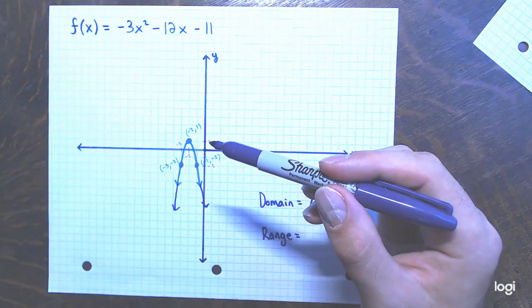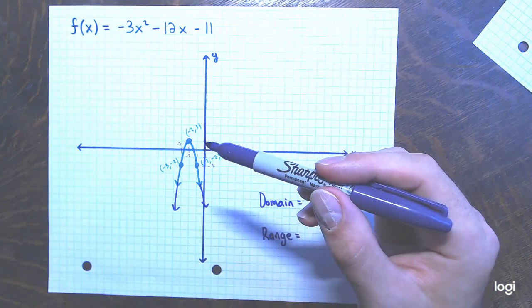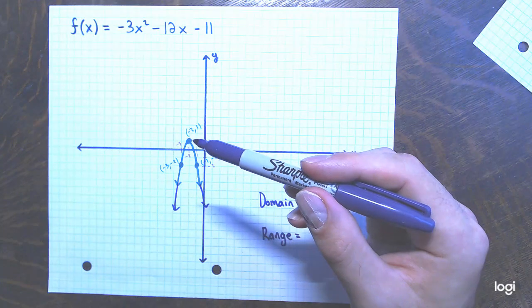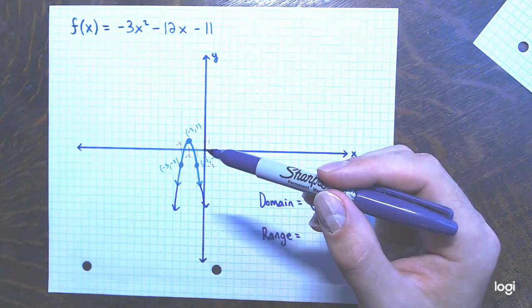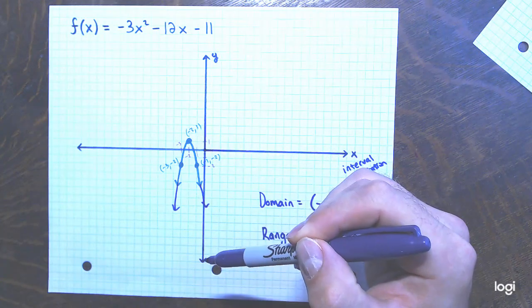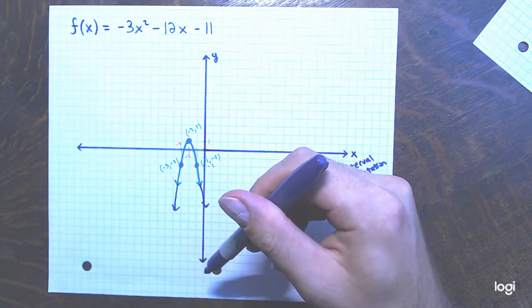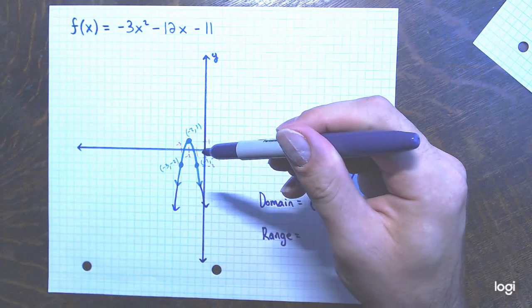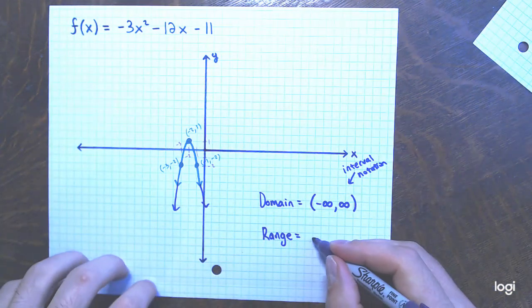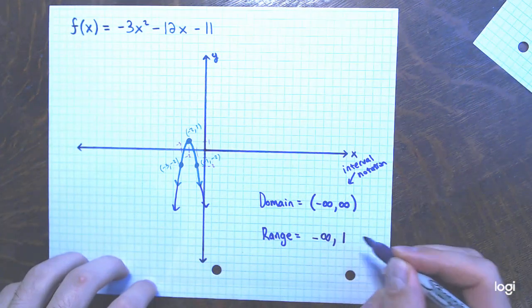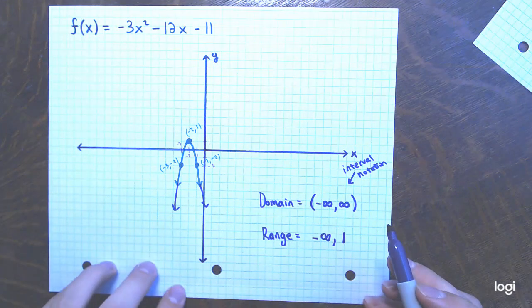So we're seeing that the y values that are used are 1, right? 1 is the y coordinate of the vertex, and all the values lower than 1. So from negative infinity, down forever, up until 1. So from negative infinity up until 1, those numbers are used as y-coordinates.